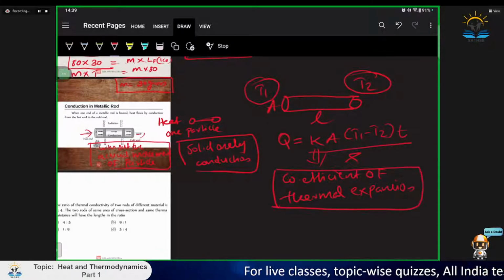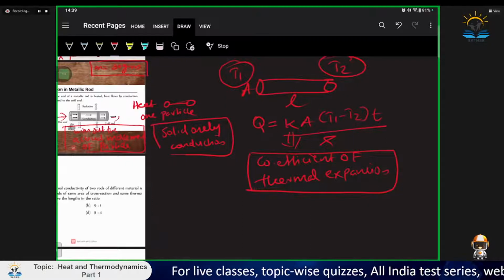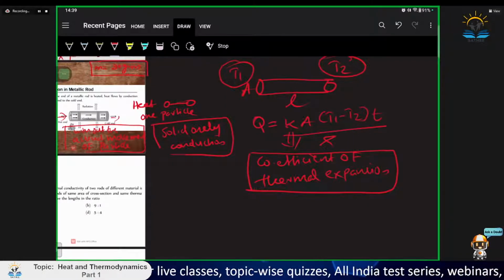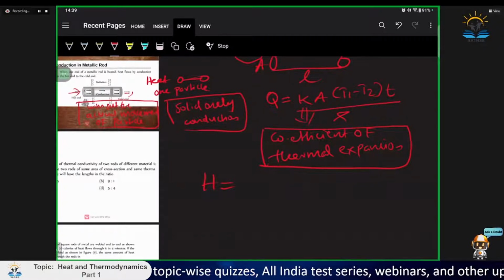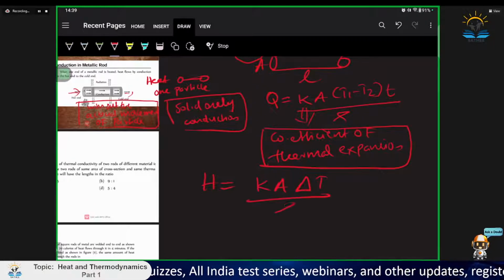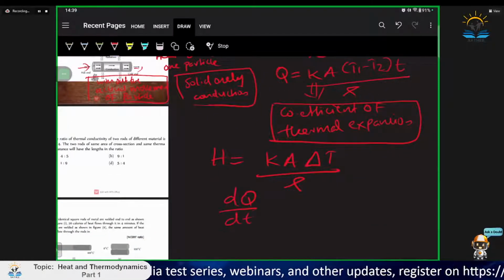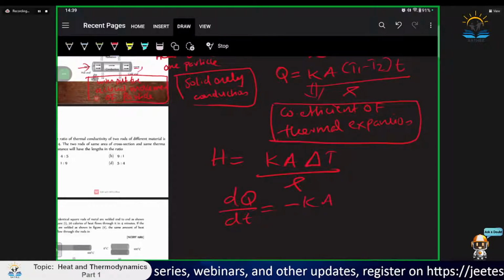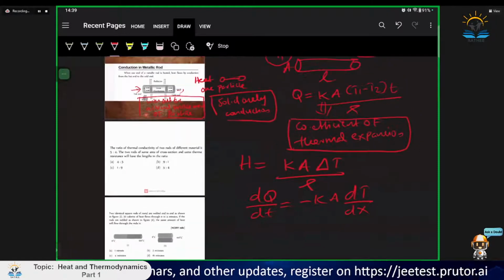Q is equal to K A (T1 minus T2) t by L. When I take Q by t, it is the heat current. I will write H is equal to K A delta T by L, or dQ by dt is equal to minus K A dT by dx, where dT by dx is the temperature gradient.